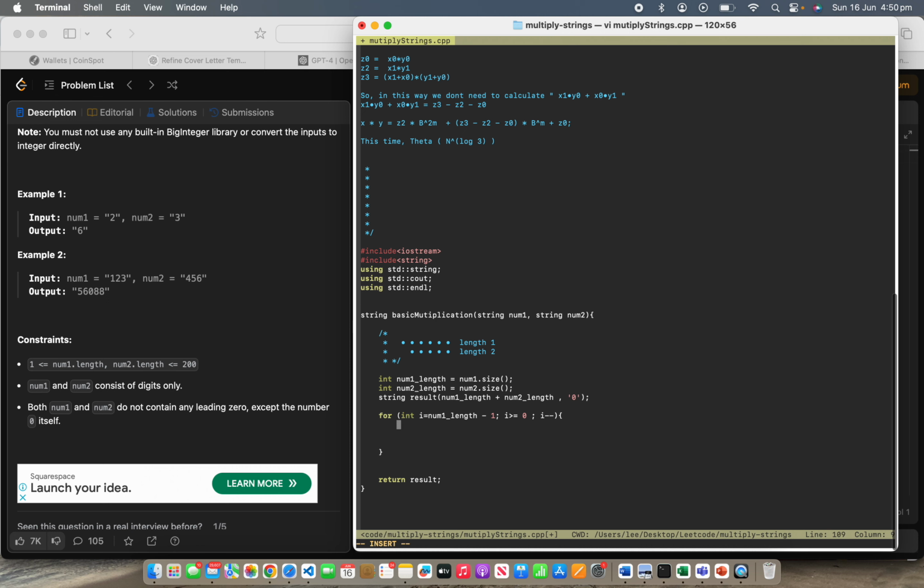So carry is equal to 0 because we're going to do addition that will give us a carry. The other variable name, number 2, j is greater or equal to 0, j minus minus.